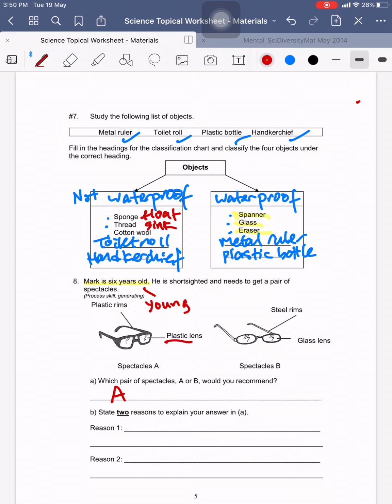Now this is plastic, so plastic lens does not break as easily as glass lens.